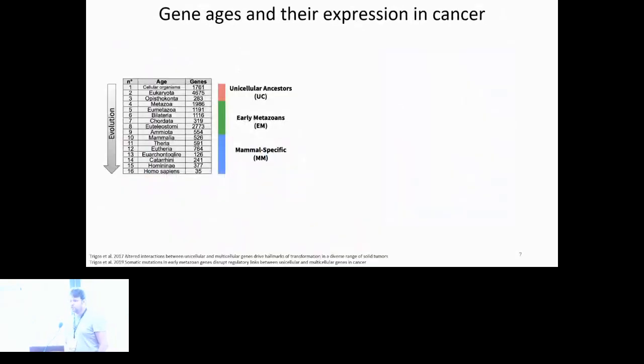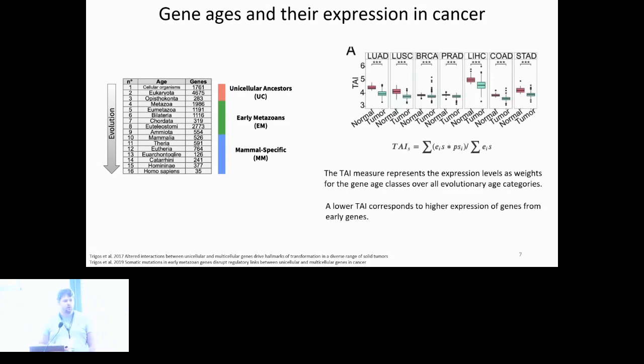The first study tried to prove the atavistic theory of cancer. They classified the human genes in 16 classes, from the old unicellular ancestor, early metazoan, and more specific, in 3 classes. They compared the gene expression of these 16 classes in 7 solid tumors and their normal tissue.